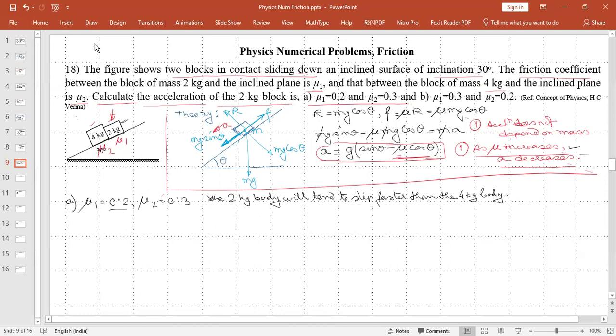But of course it cannot slip faster because both are solid material. So what will happen? The 2 kg body will press against the 4 kg body.